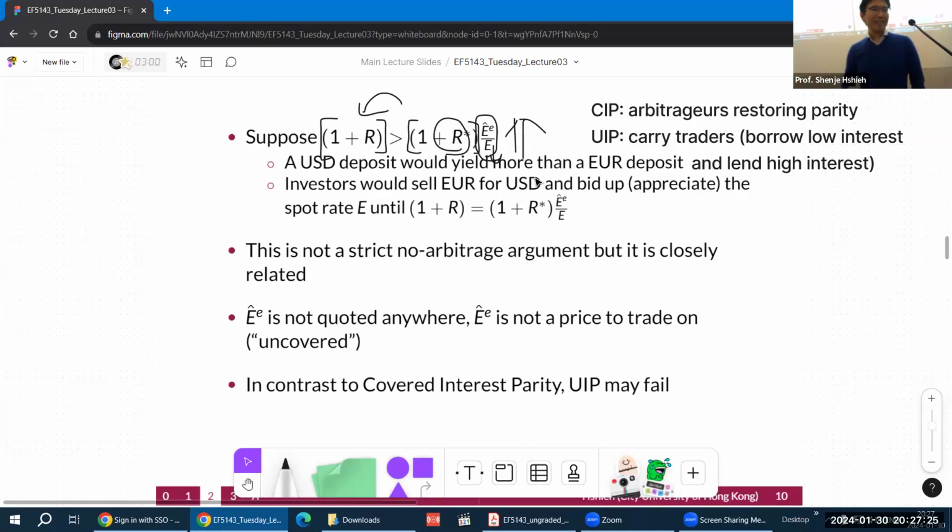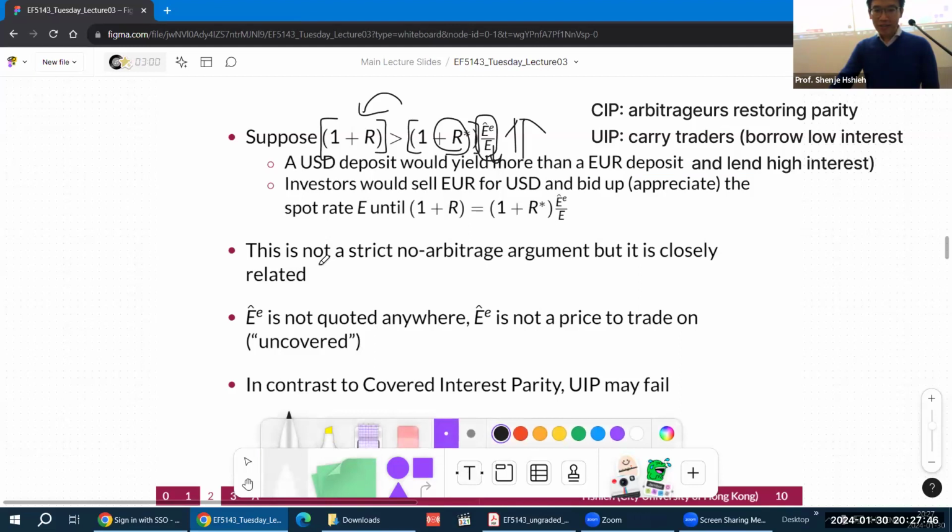You need people coming in to do something to the spot price. But the reason for doing it is different. CIP is because of free money. UIP is because there are positive expected returns when you conduct a carry trade. So that's why in this sentence here, I wrote, this is not a strict no arbitrage argument. It's related, yes. It's just different types of investors. We're talking about different types of investors now.